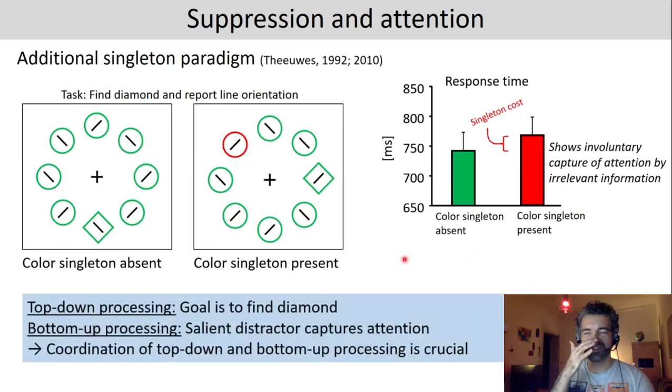And what we see here is two processes. We have top-down processing, which is, for example, attention deployment towards the diamond here, and we have bottom-up processing, which is the processing of the most salient item, the salient distractor here captures attention. So one of the challenges really for our visual system is to coordinate the top-down and bottom-up processing.